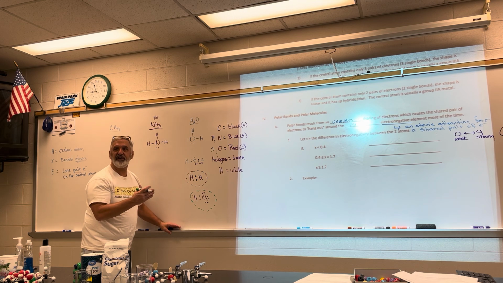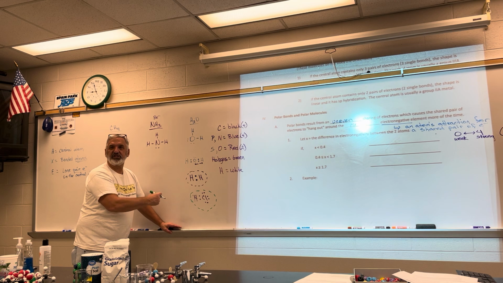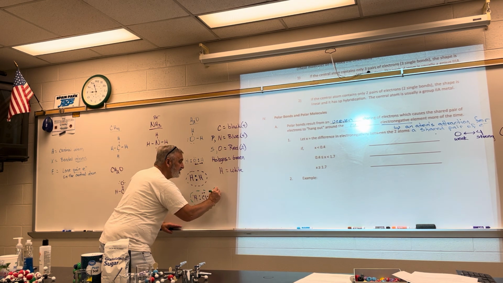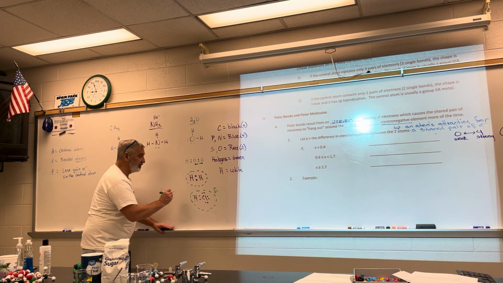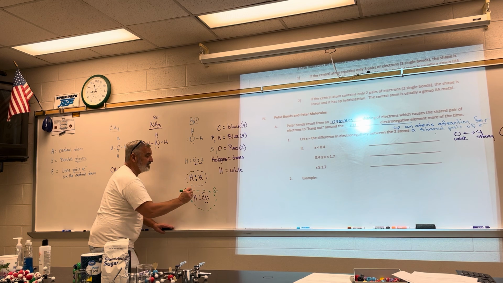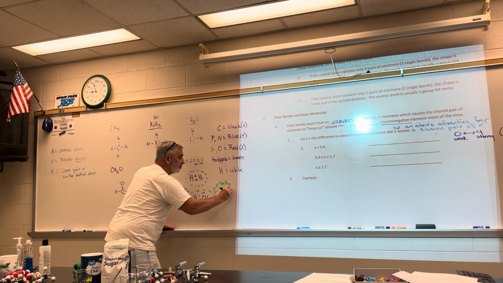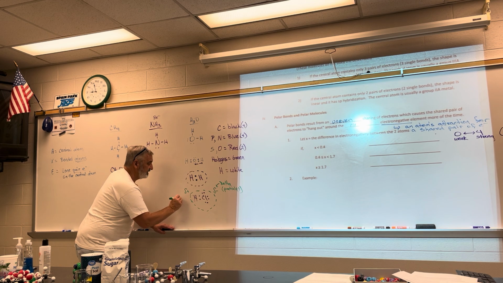But to differentiate it from an ion, to say that it's not a complete transfer, just an uneven sharing, we're going to get a partial negative, and we're going to use that delta symbol. That means partial. This is delta negative, partial negative, and this is delta positive, partial positive.